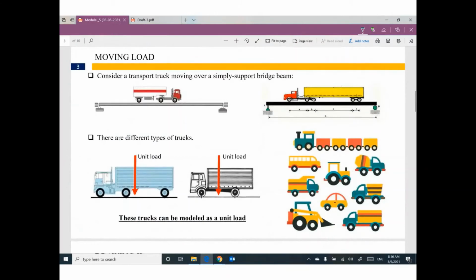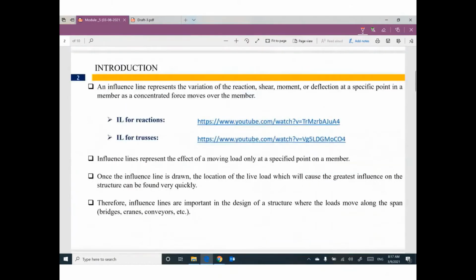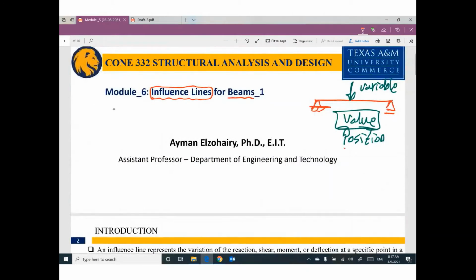Sometimes we have a truck like this, sometimes a truck like this, sometimes a truck like this, sometimes a bus like this. Do you think the weight of the loads coming from these vehicles will be the same? I don't think so. So we have variable values and also variable positions.